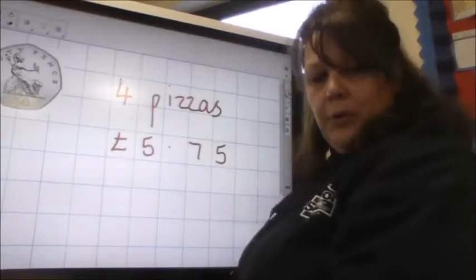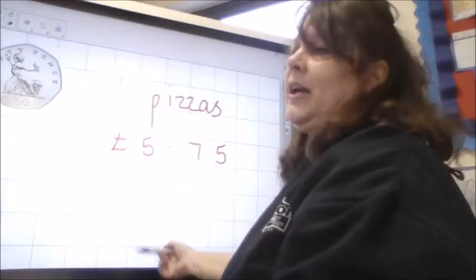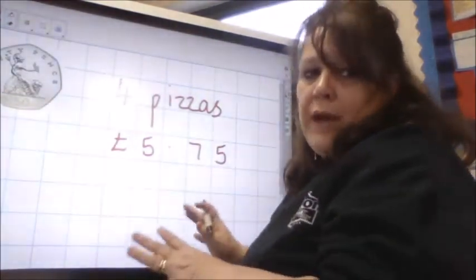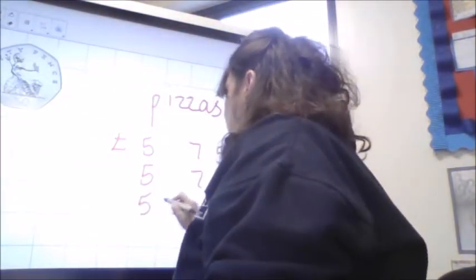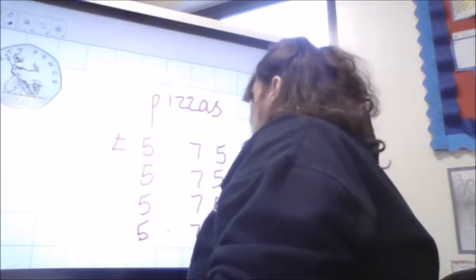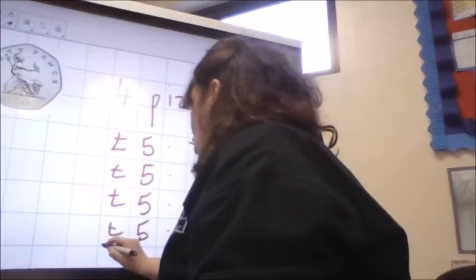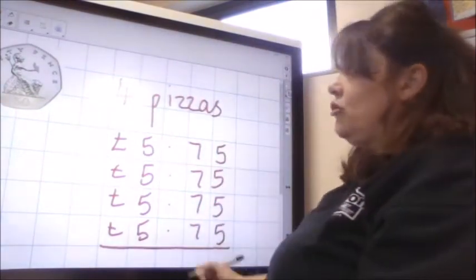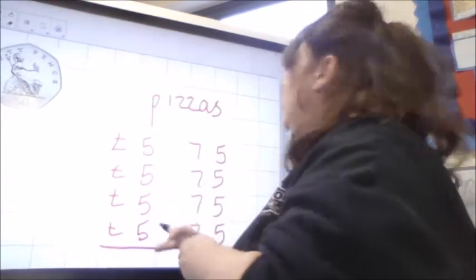So I could, for that, write £5.75 4 times and add it. That's one way of doing it. And it would be a valid way of doing it. My arm would ache by the time I'd written all those down. But I could do a column addition and I could total those up. So you might look at something and have a little go that way. But I'd like to show you this way, a quicker way.